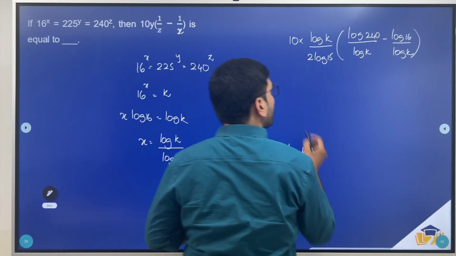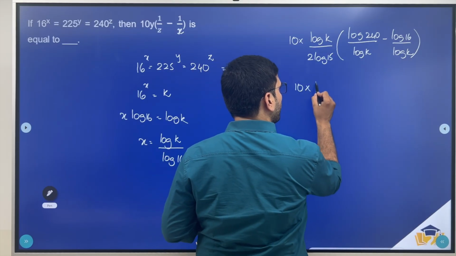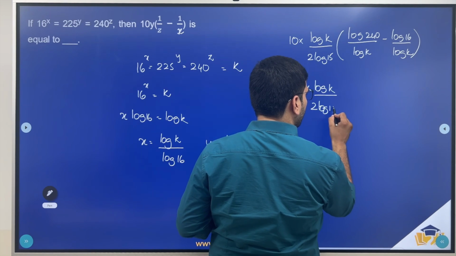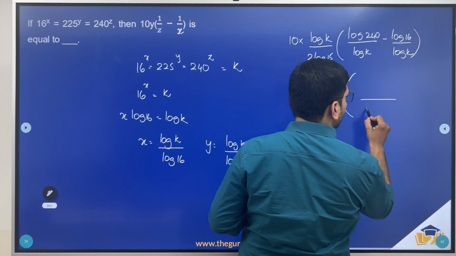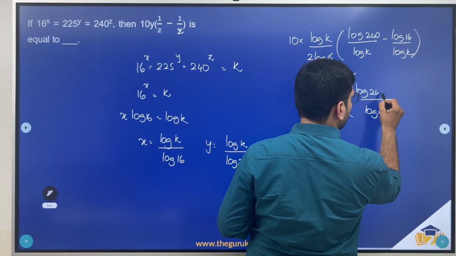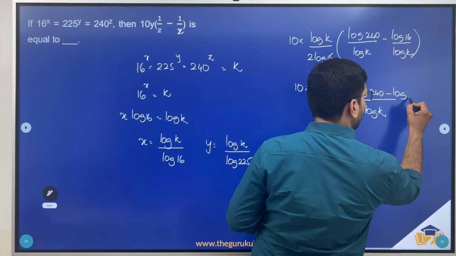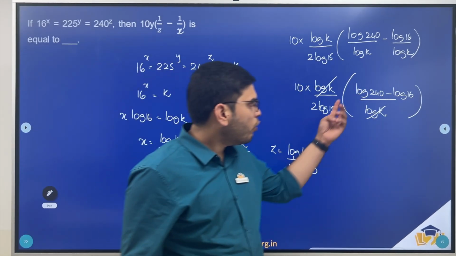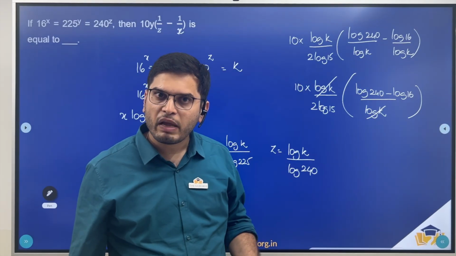Right. So this becomes 10 into log k by 2 log 15 into, now the LCM will be log k, and we have log 240 minus log 16. Now these two will get cancelled, right? Now what is log x minus log y? Log x by y, right?